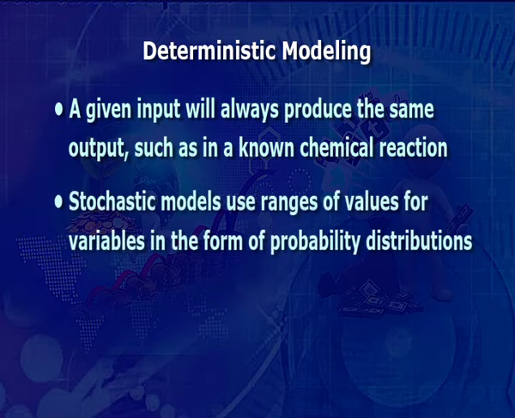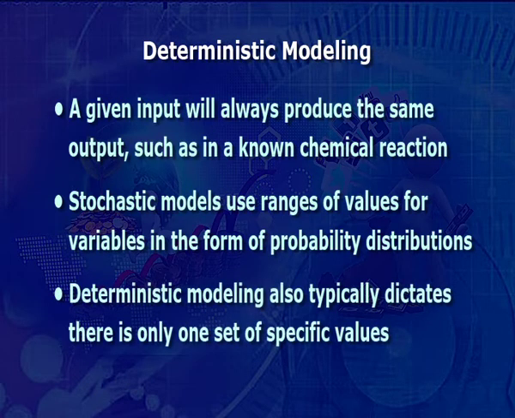In comparison, stochastic models use ranges of values for variables in the form of probability distributions. Deterministic modeling also typically dictates that there is only one set of specific values. It means that a deterministic model does not include elements of randomness. Every time you run the model with the same initial conditions, you will get the same results.